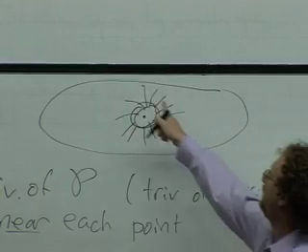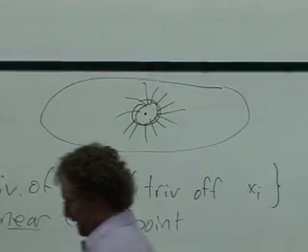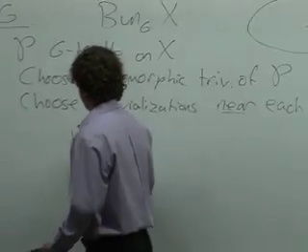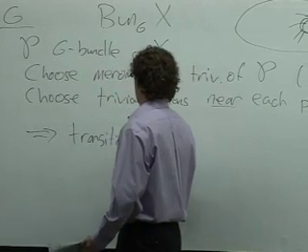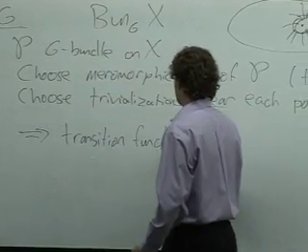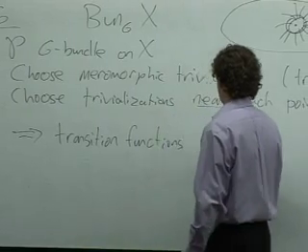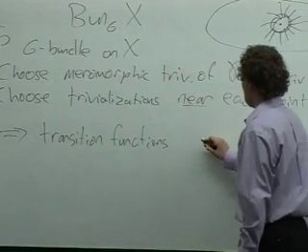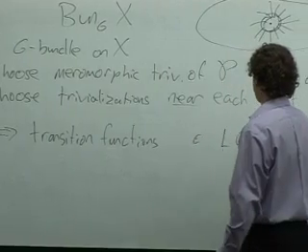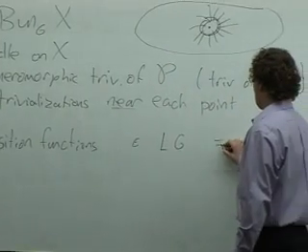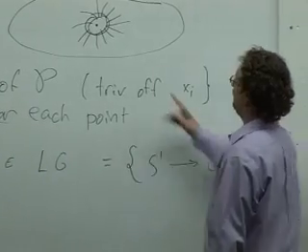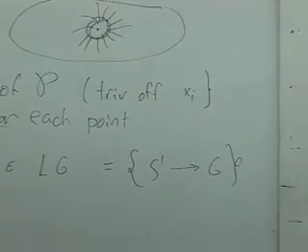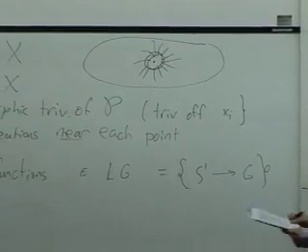So that's a map from the circle to G. So out of this data, we get transition functions or clutching data, which in the topological setting would be elements of the loop group. And we can think of the loop group as some class of maps from S1 to G.